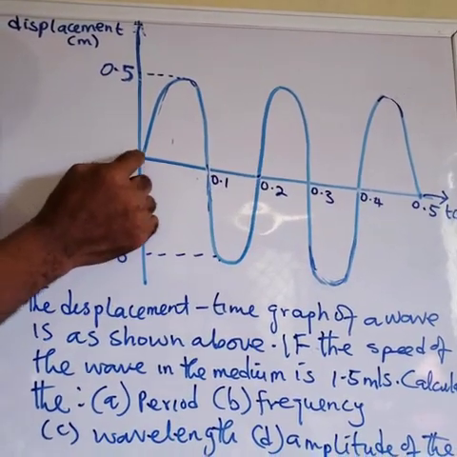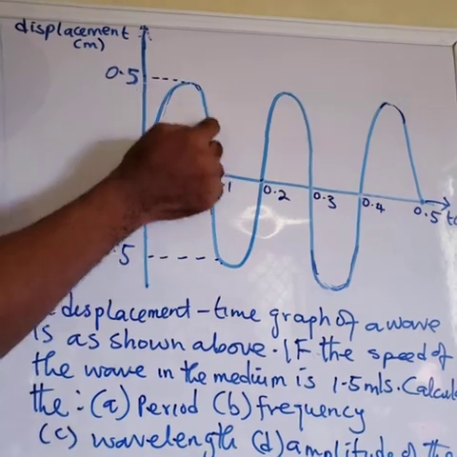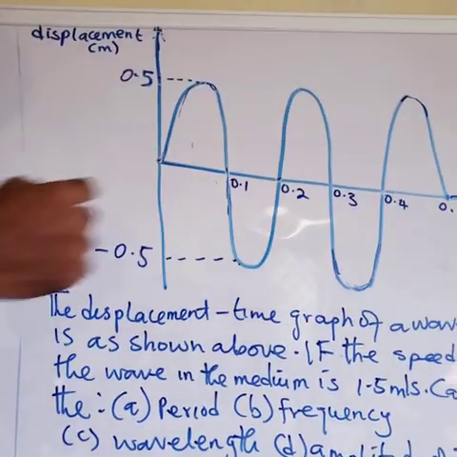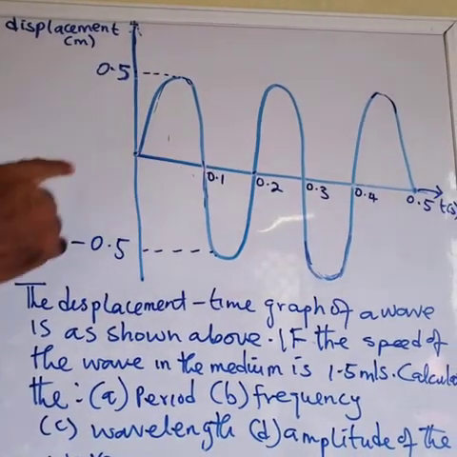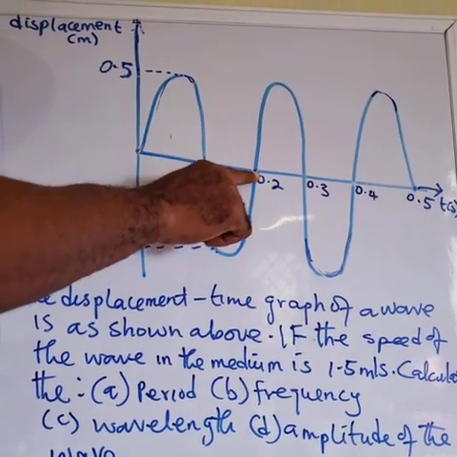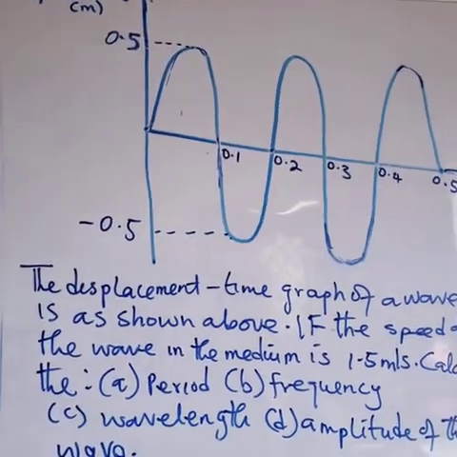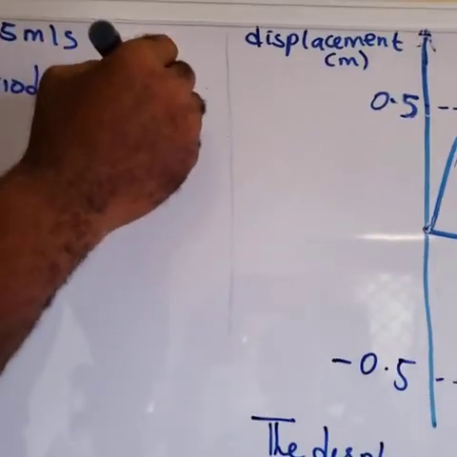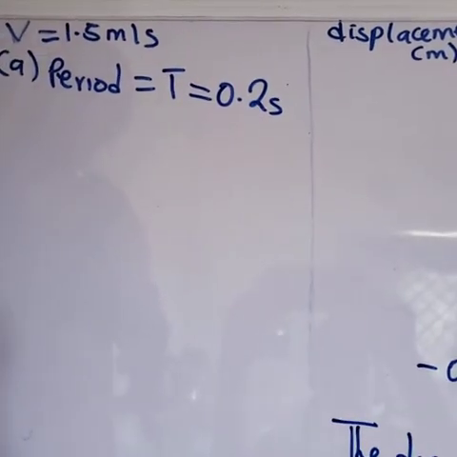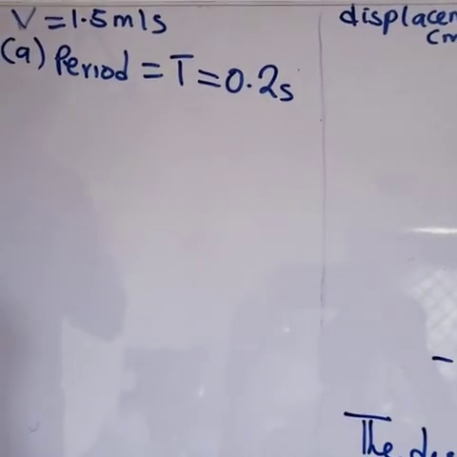So that means from this origin, go this way, and back here is one cycle. Look at this graph, what time is written here? 0.2. So that means 0.2 seconds is the time required by the wave to complete one cycle.